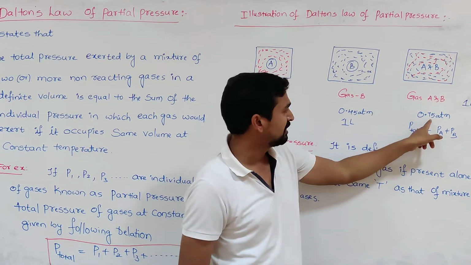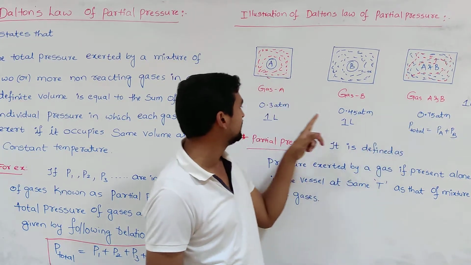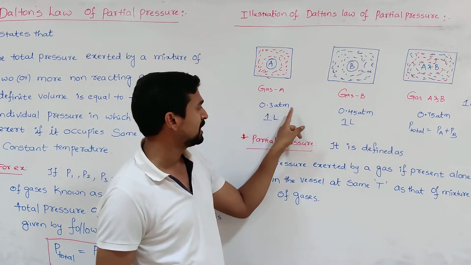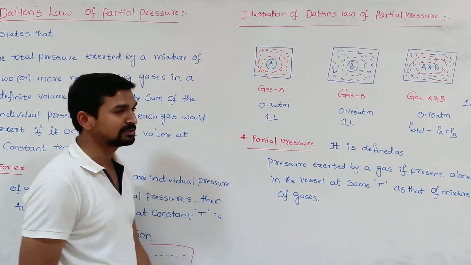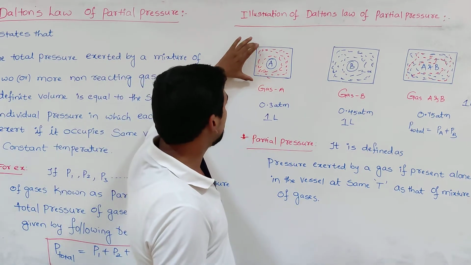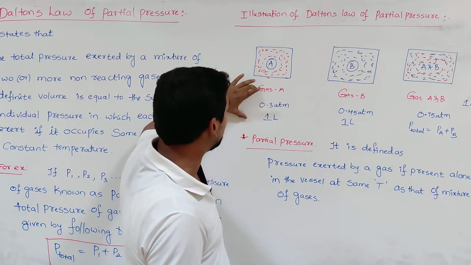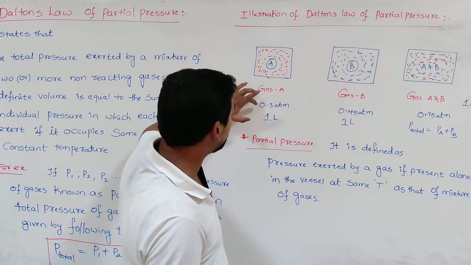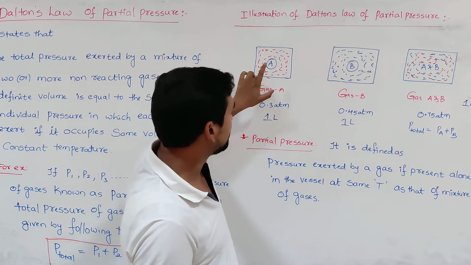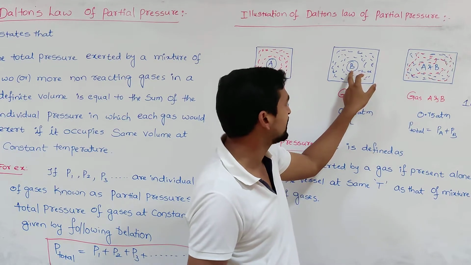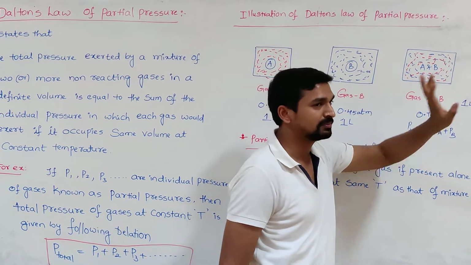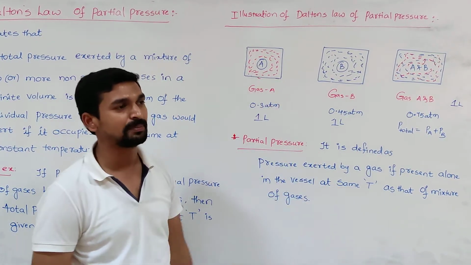The 0.75 atmosphere is obtained by adding 0.3 atmosphere plus 0.45 atmosphere. Here I would like to make the point that when A is placed in a container of 1 liter volume, whatever pressure it exerts, the same pressure is exerted when it is mixed with gas B in the same volume of the container. There is no change in the pressure.